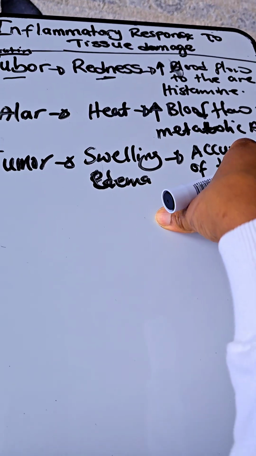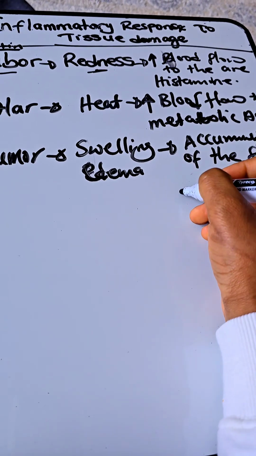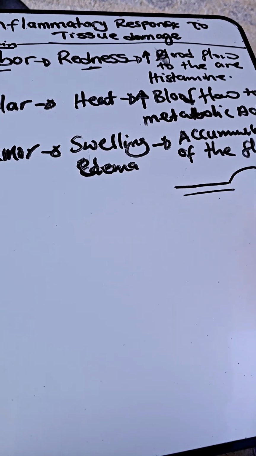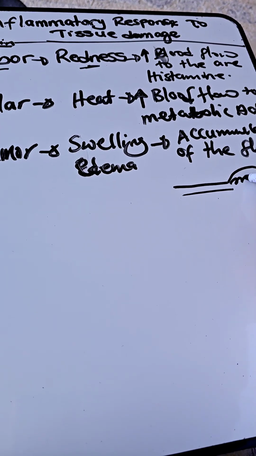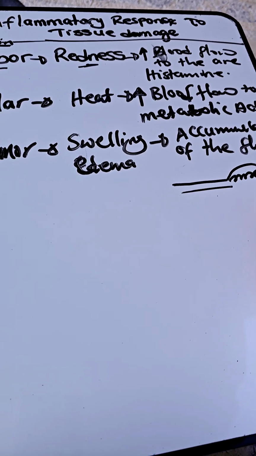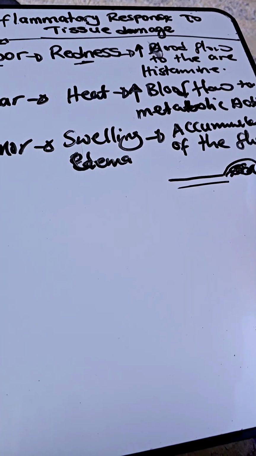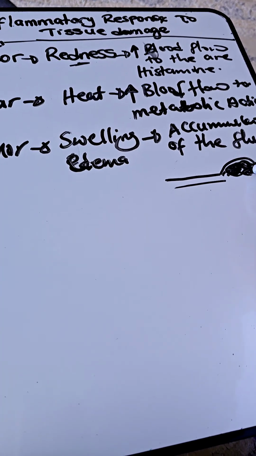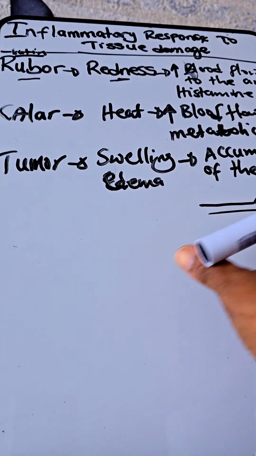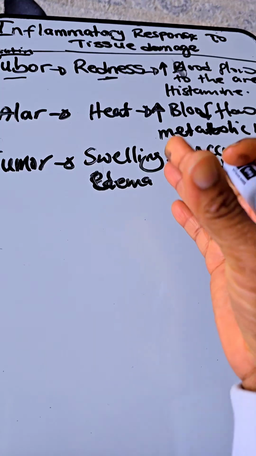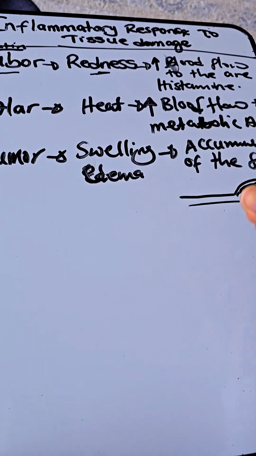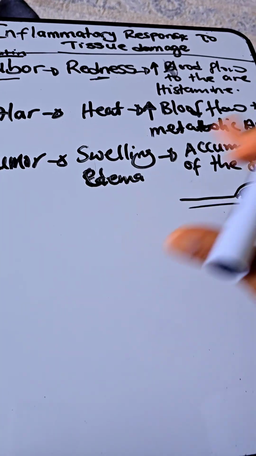Because of the engorgement of fluid to that area, you will see the area is swollen, because there is permeability in that whole vasodilation issue, making that tissue more leaky, hence fluid flows there.